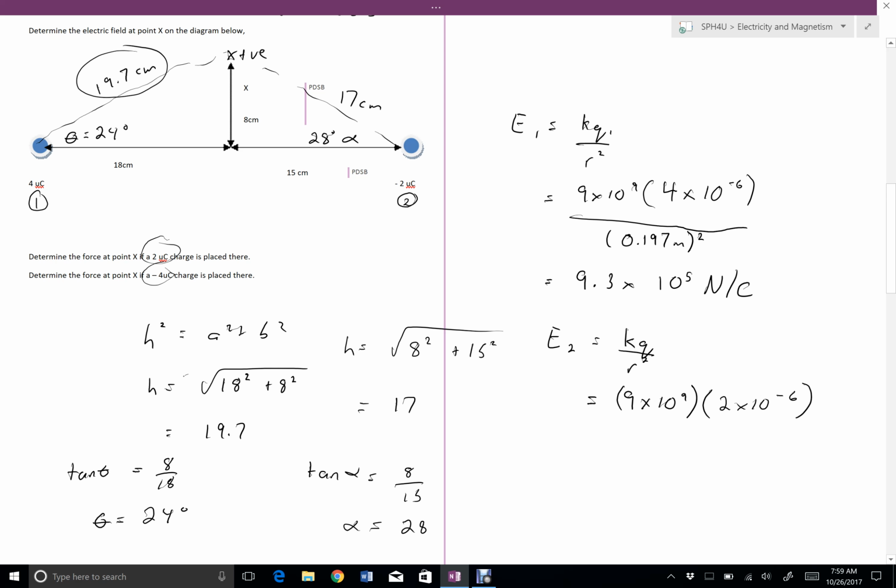You'll notice here, once again, I'm neglecting the sign on that charge, as I'm going to consider directions separately later. So I don't need that sign to get me the correct sign on this. I'm just going to deal with that later. So 9 times 10 to the 9 times 2 times 10 to the negative 6 divided by 0.17 squared.